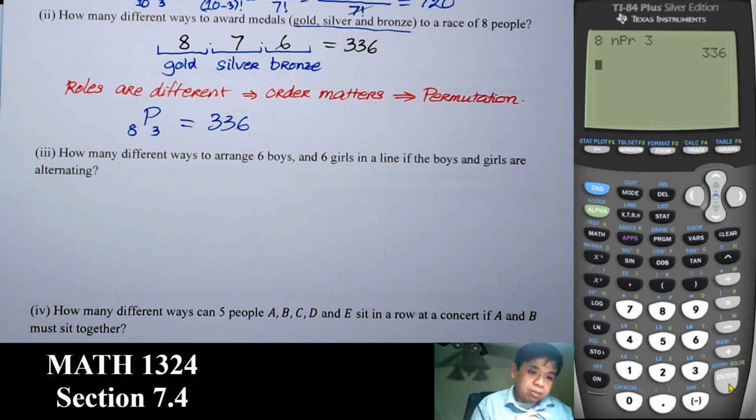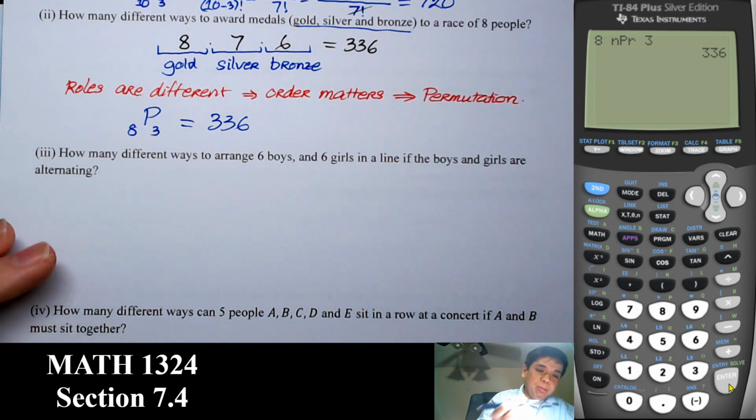Right. Next. How many different ways to arrange 6 boys and 6 girls in a line if the boys and the girls are alternating? Right. So this is a bit more difficult.